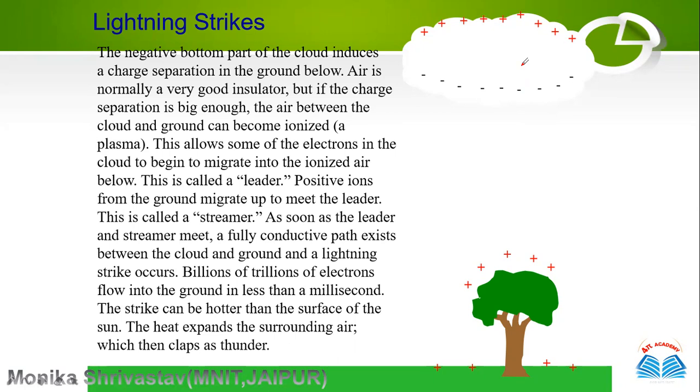The air gets ionized, and that air conveys the negative charge to a tree or the ground, inducing positive charge. Positive charge is accumulated on the ground and on this tree. And now this electric field is here. I have told you that there is a secondary electric field in this cloud.